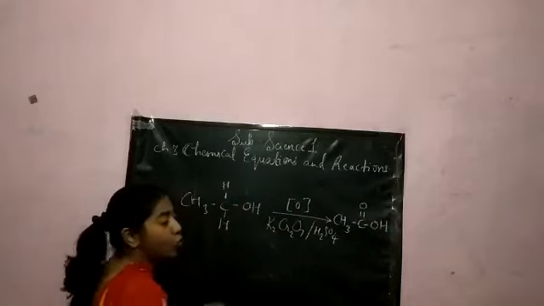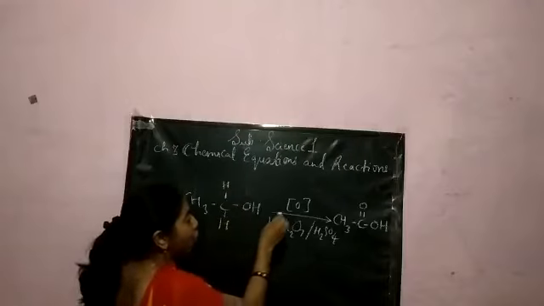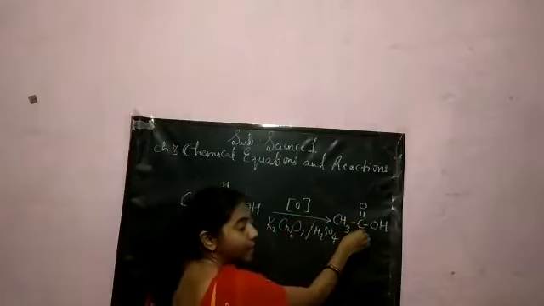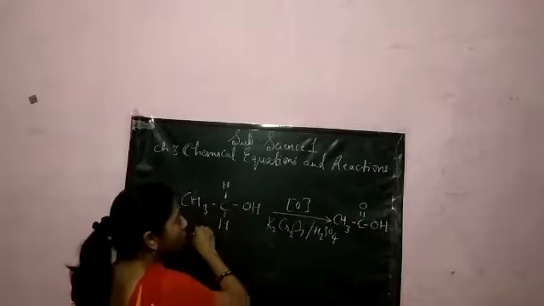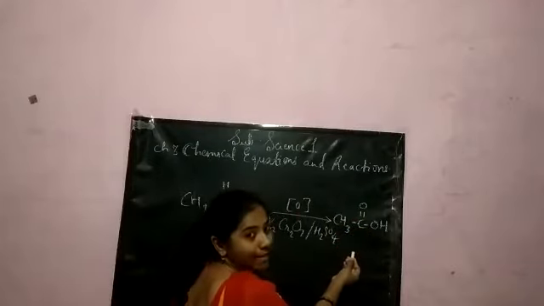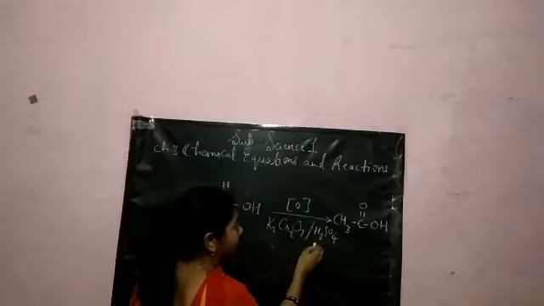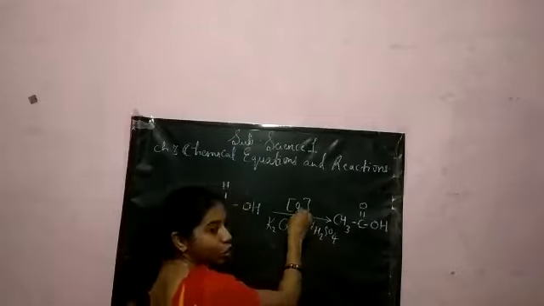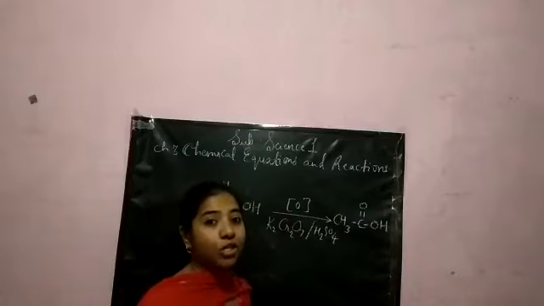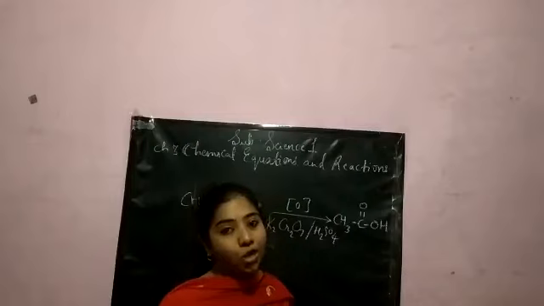oxidation reaction. So what has happened over here? These two atoms of hydrogen have been removed, also one oxygen atom has been added into the product, and because of that the ethyl alcohol has turned into acetic acid. The oxidizing agents used over here are potassium dichromate in an acidic medium. Acid used over here is sulfuric acid, and this is nascent oxygen. Now nascent oxygen is the previous stage or the first stage of the formation of any oxygen molecule.